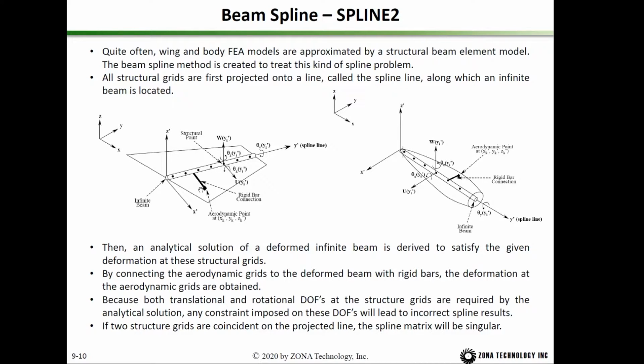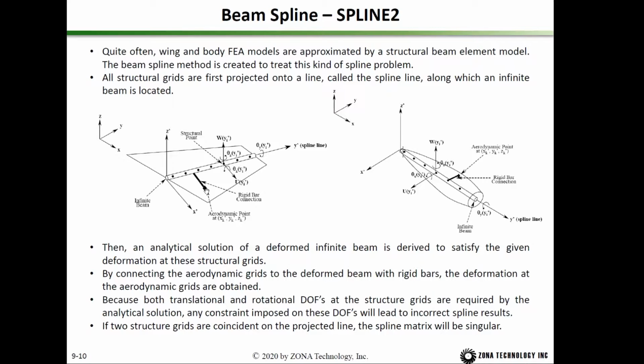Then for each aerodynamic grid, you will connect the grid to this beam by a rigid bar. So when this beam deforms and twists, this grid point will deform accordingly. In so doing, you can transfer the displacement and the rotation from the deformed beam to the aerodynamic grid.